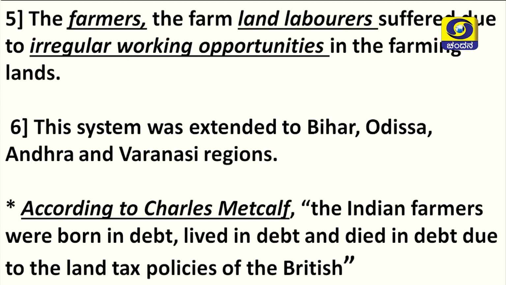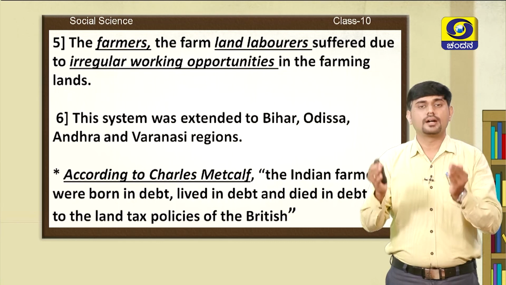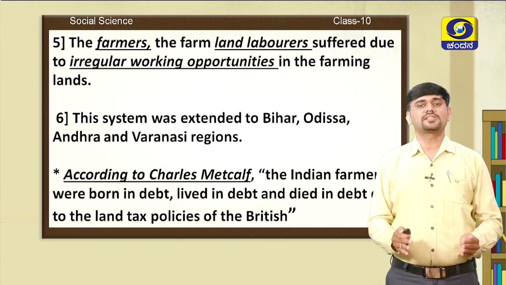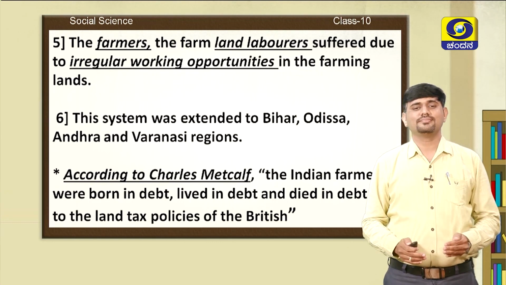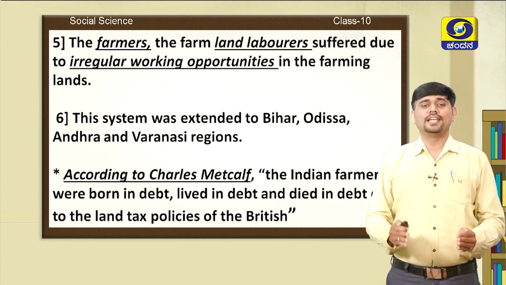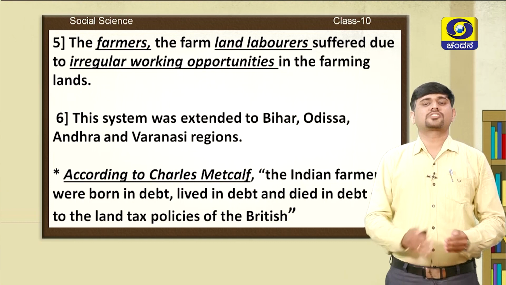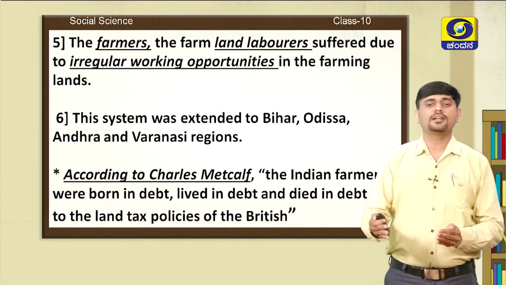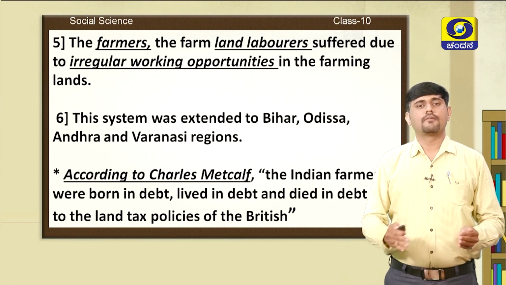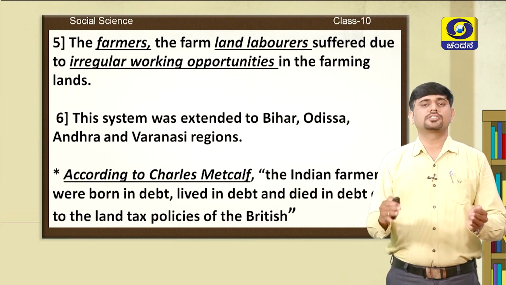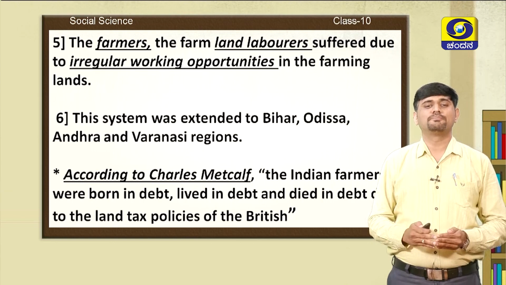As a result, apart from the rainy season and some agricultural seasons, they had to remain jobless. Finally, this system was extended to the states of Bihar, Odisha, Andhra and Varanasi. For all these regions, the system was extended.